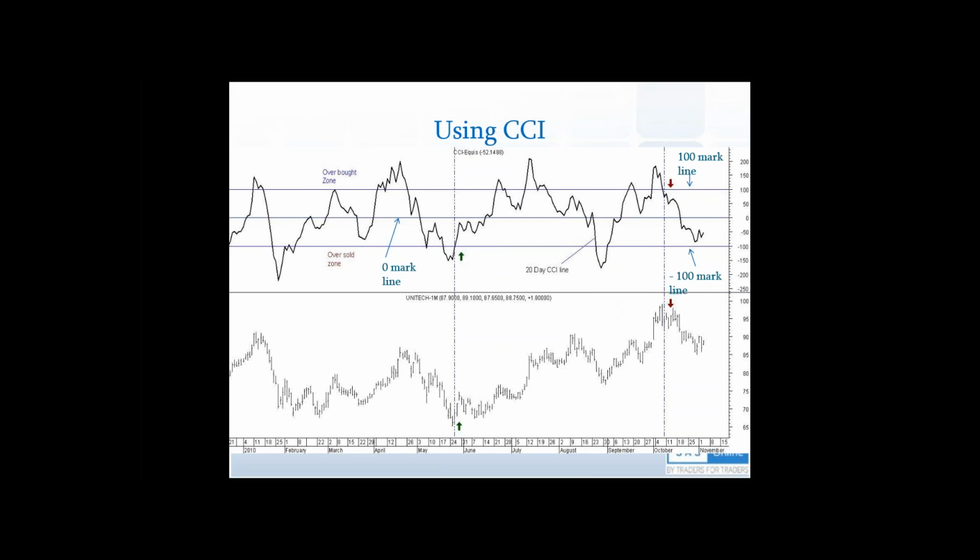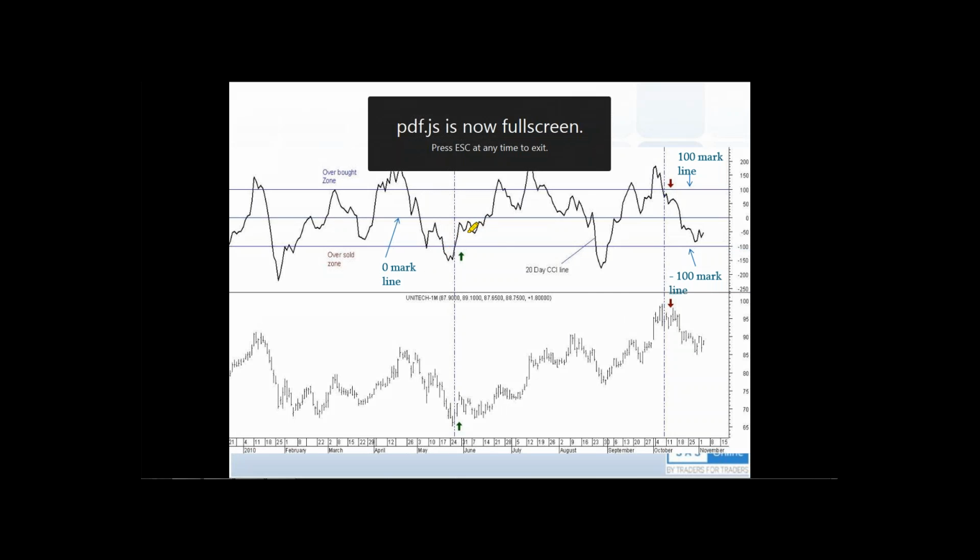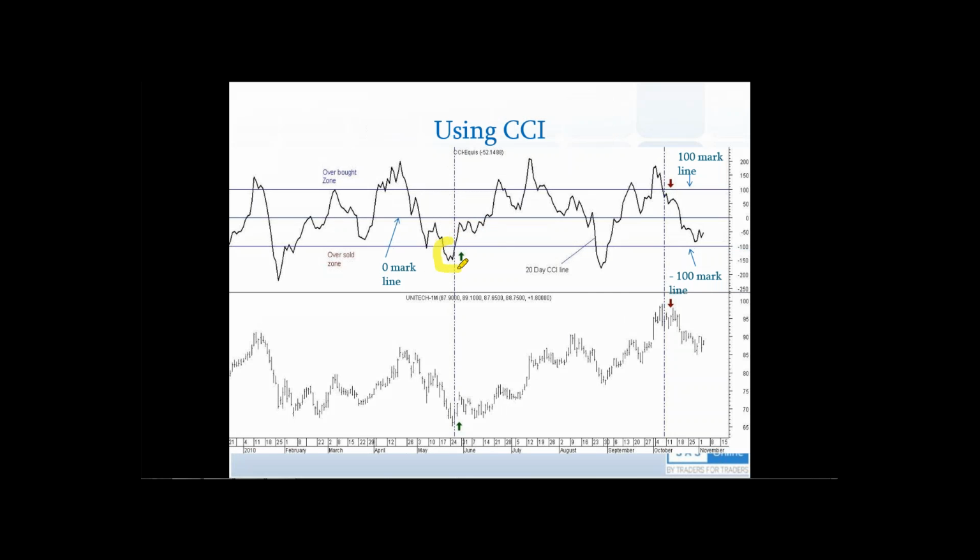Now let me decode how CCI works. As you can see, this is the CCI indicator, which is moving above the 100 and minus 100 mark, and we had given a buy signal on the charts.